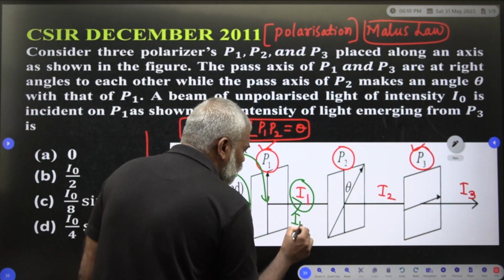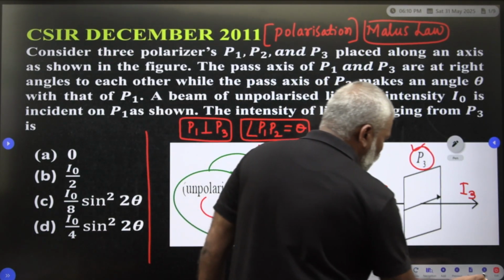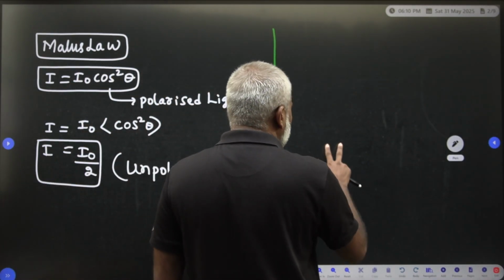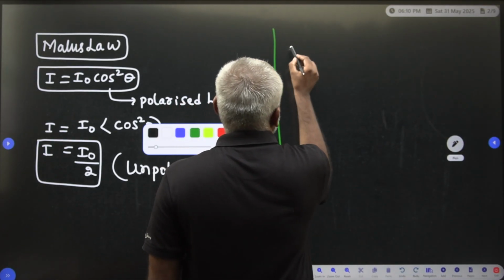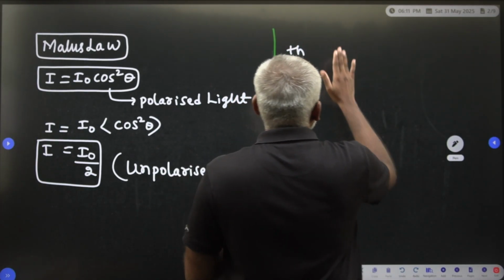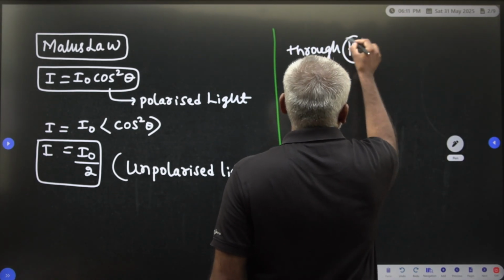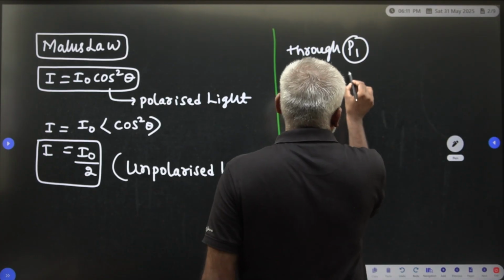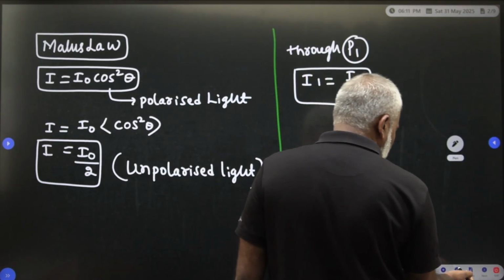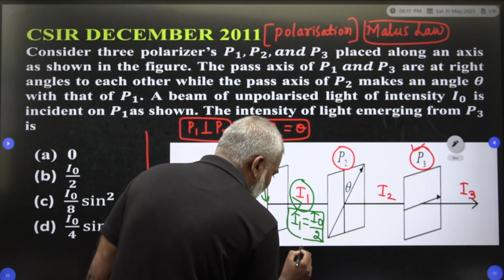Therefore I1 is equal to I naught by 2. This is very important. Based on the diagram, the emerging light I1 through the P1 polarizer is I naught by 2. Now this is polarized light.